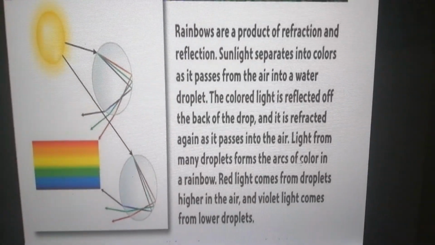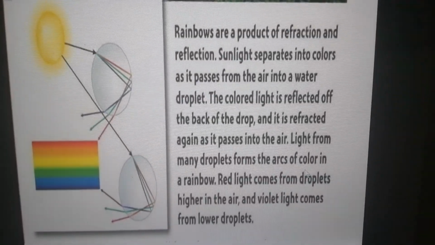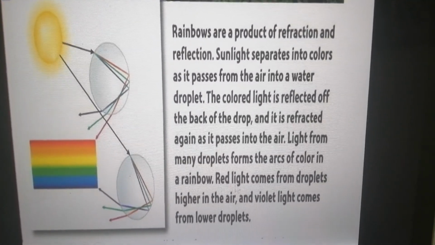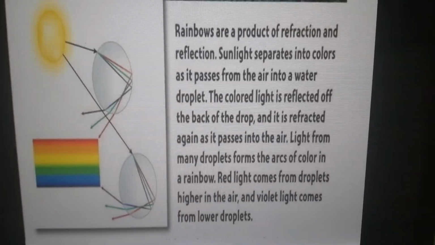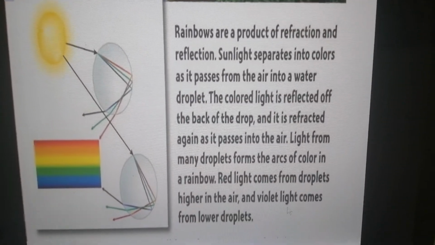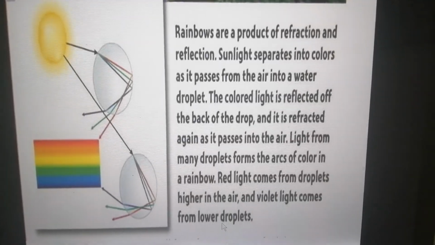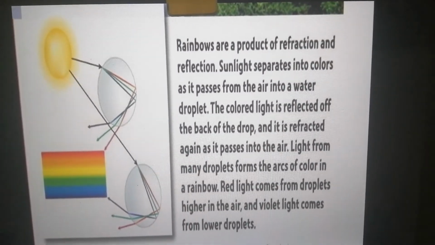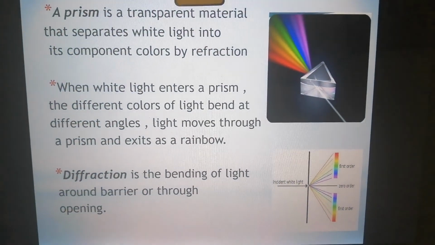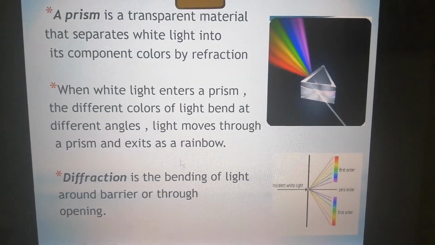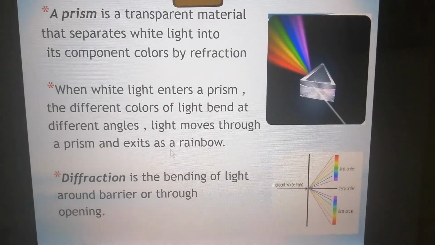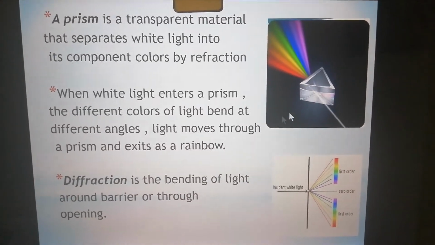The light from many drops forms arcs of colors, which is the rainbow. Red light comes from droplets higher in the air and violet from droplets lower in the air. So an example of diffraction is the rainbow. The light moves through the prism and exits as a rainbow.